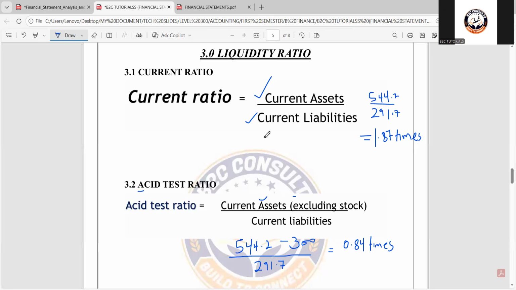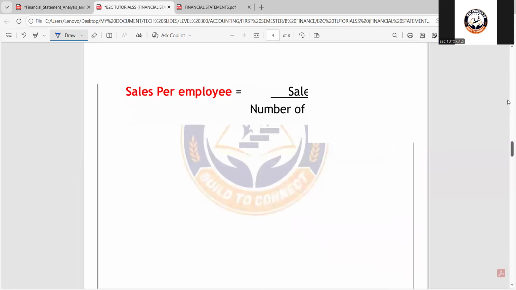That is all about the liquidity ratio. There are just two things here, the current ratio and the acid test ratio. If you really understand this, you can do it. Anytime you are given a question and the financial statement is provided, this is how you pick the items and solve them.